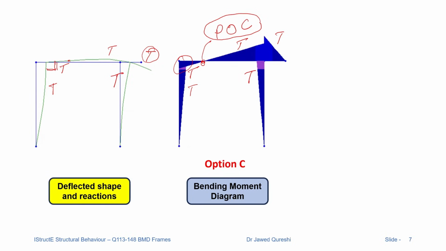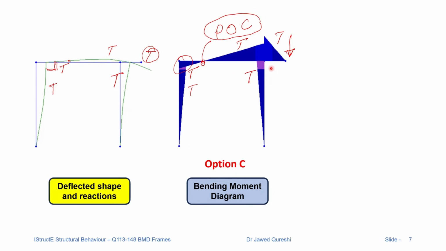Once we have this bending moment diagram, it is going to tell us very important information in terms of the direction of reactions, and that will help us in drawing the shear force diagram. First of all, let me assess the column.